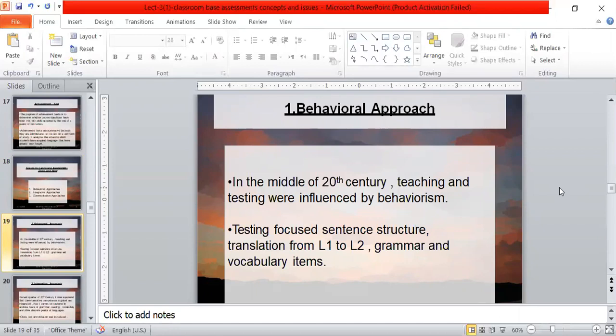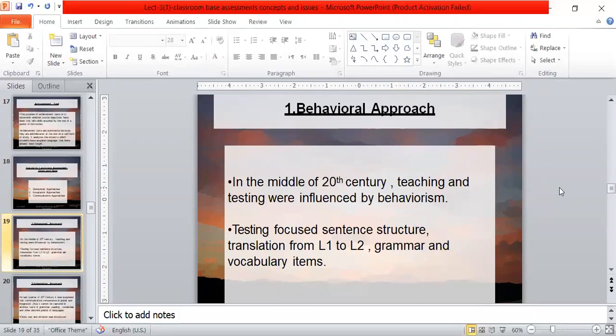In the middle of the 20th century, teaching and testing were influenced by behaviorism, because teacher and students both are influenced by their own behavior. So all of their attributes, learning, teaching, conveying something, have the impact of behavior.